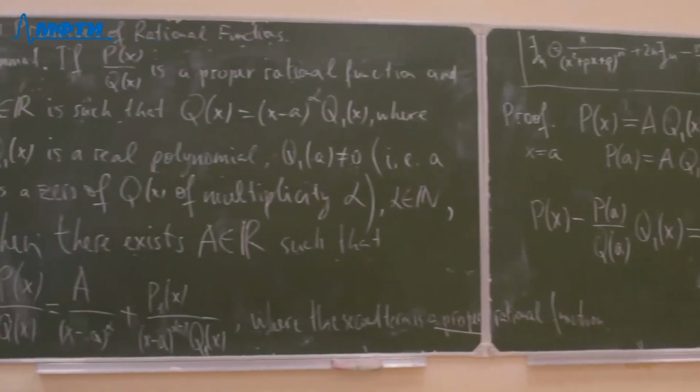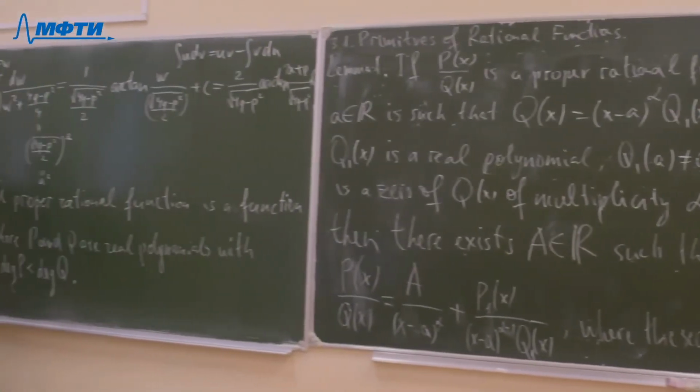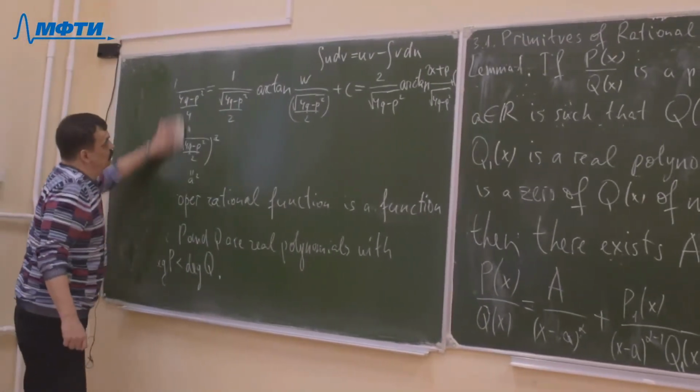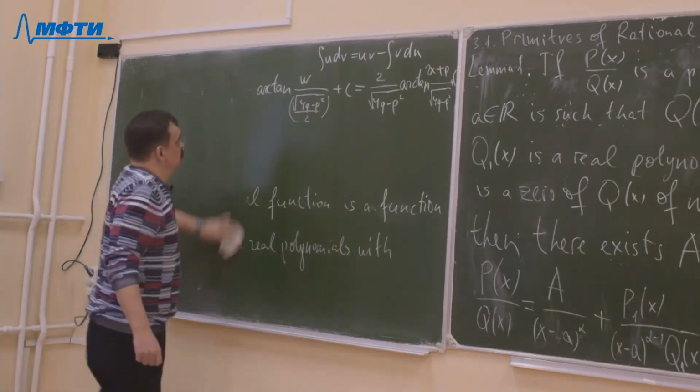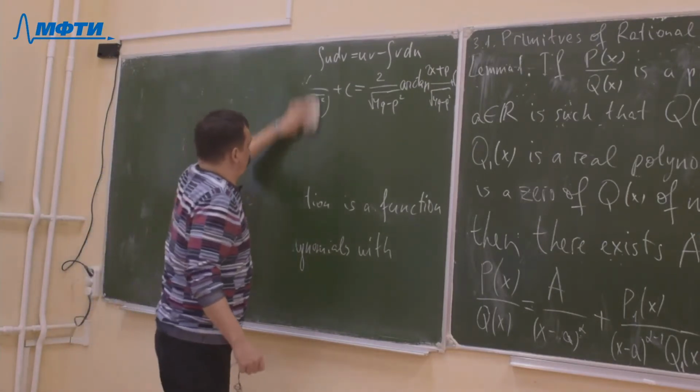Now, lemma 2 is an analog, but for a complex zero.